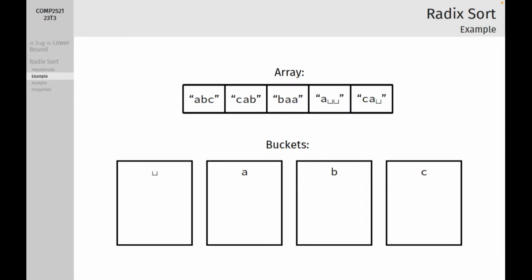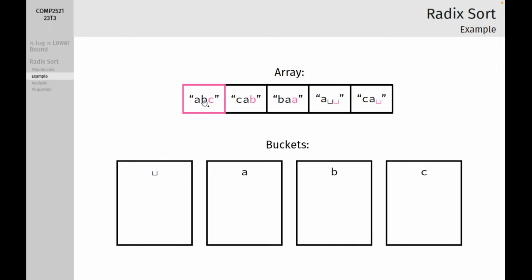So here are all the buckets that radix sort is going to create. One for each letter, A, B, C. It's also going to create a bucket for the blank character. And what happens first? Radix sort first sorts by the last character in each key. The last characters are C, B, A, blank, blank. So for each key in the array, it's going to store that key into the corresponding bucket.